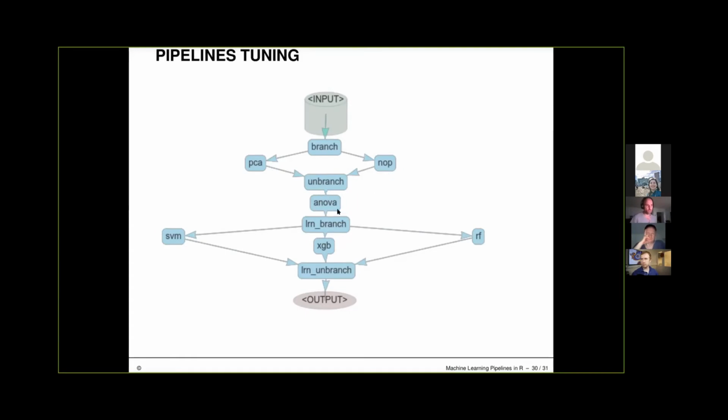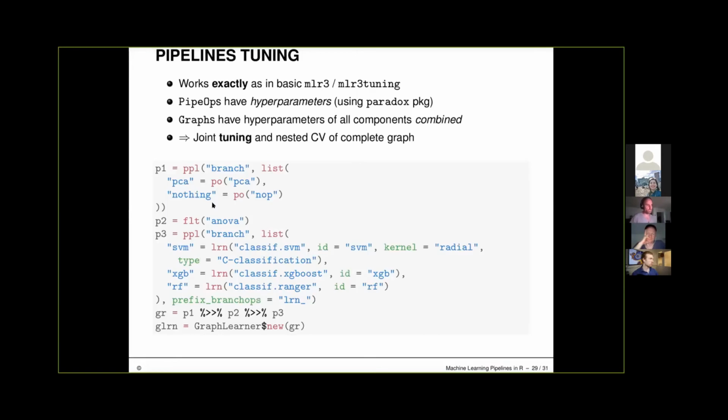Then I do a feature filter. I do ANOVA to filter down my potentially high-dimensional data structure. Then I do branching again, and I either use a support vector machine, gradient boosting, or a random forest. And then I'm done. And in order to specify this pipeline for the complete thing, this is the code you have to write.